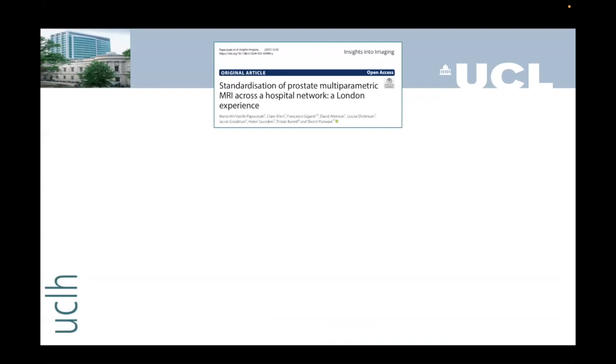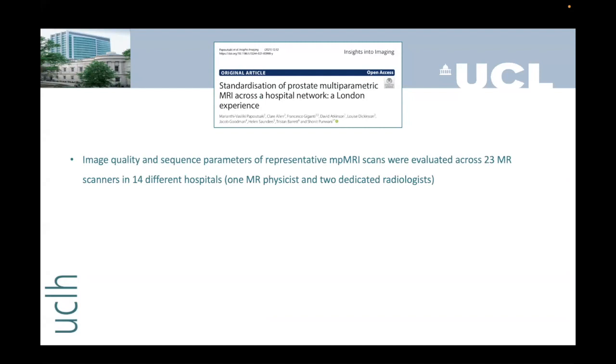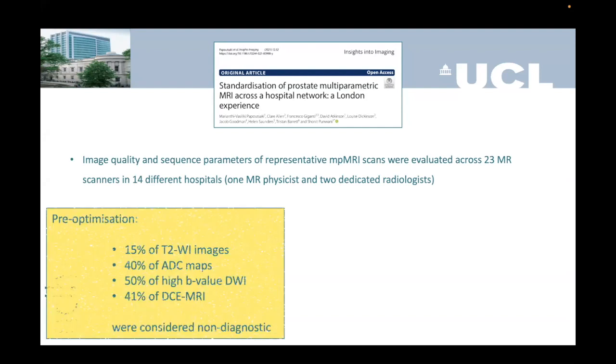Our initial work, done by a dedicated engineer, Vasily Tapsaki, helped us standardize our London network. Basically, what we did for this study was to evaluate across 23 MR scanners in 14 different hospitals the quality of the scans, and we saw that pre-optimization, 15% of T2 weighted images, for example, were non-diagnostic, but up to 50% of high B-value sequences were non-diagnostic.